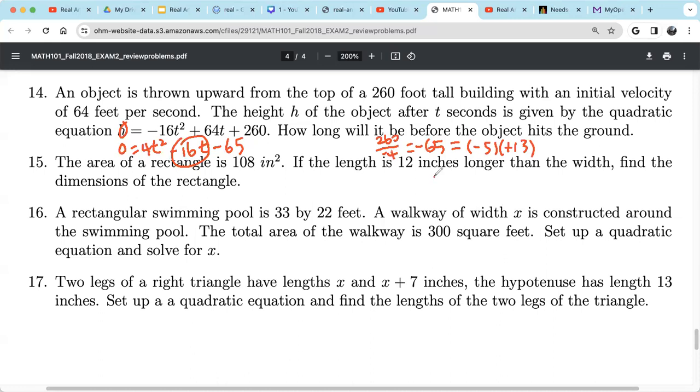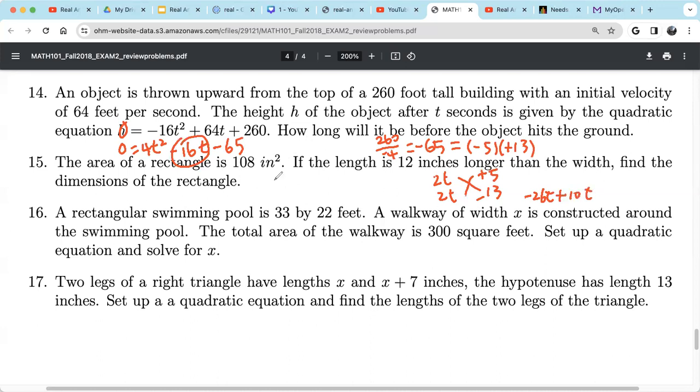So 4t squared splits into 2t and 2t. If we put 13 to be negative, the big one wants to be negative because the middle term is negative, and this one we want positive 5. So what do we get? 2t times negative 13 gives negative 26t, right? And then 2t times 5, we get positive 10t.